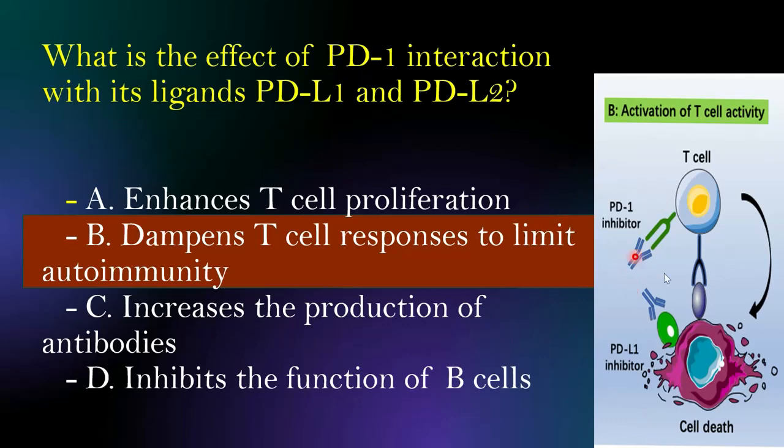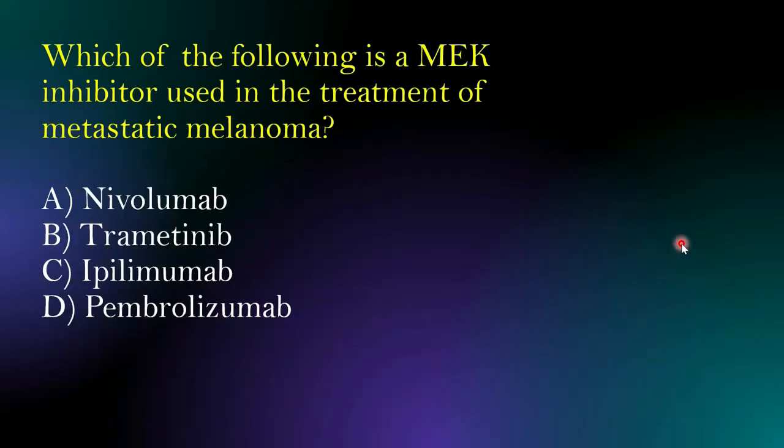Once PD1 and PDL1 are inhibited, the T cell will kill the cancer cells. Normally, when PD1 and PDL1 interact, it dampens the T cell response to limit autoimmunity.